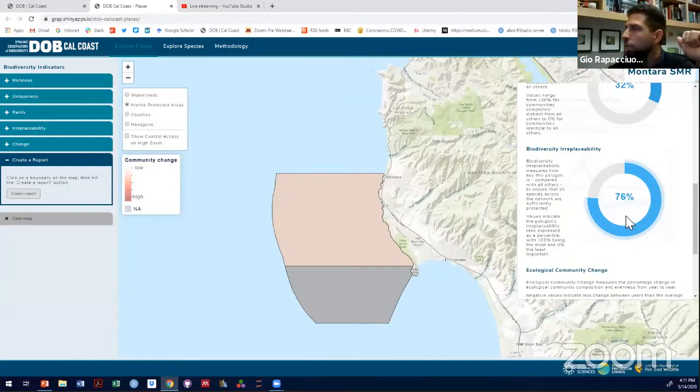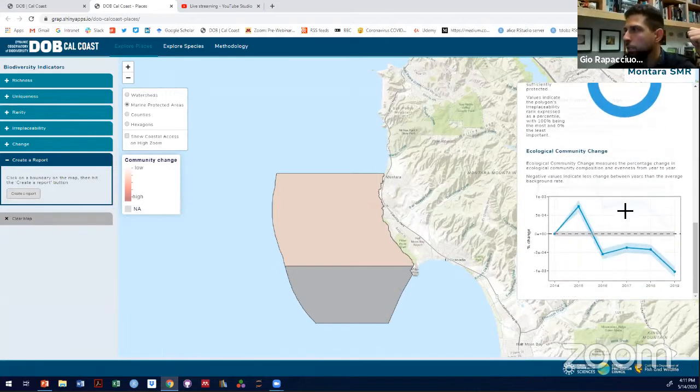And so you can find that Montara is relatively high biodiversity irreplaceability. And then we see the ecological community change picture here. Once again, interestingly, and perhaps unsurprisingly, 2015 saw higher change than usual. 0 here is the background rate of change.